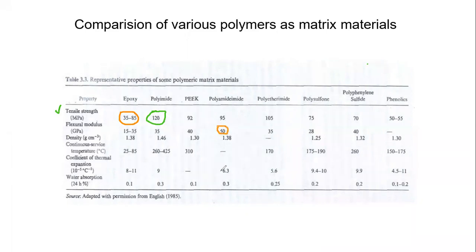That is a very high flexural modulus. And coming to the lowest, again it is epoxy. So epoxy has 35 to 50 gigapascals only.